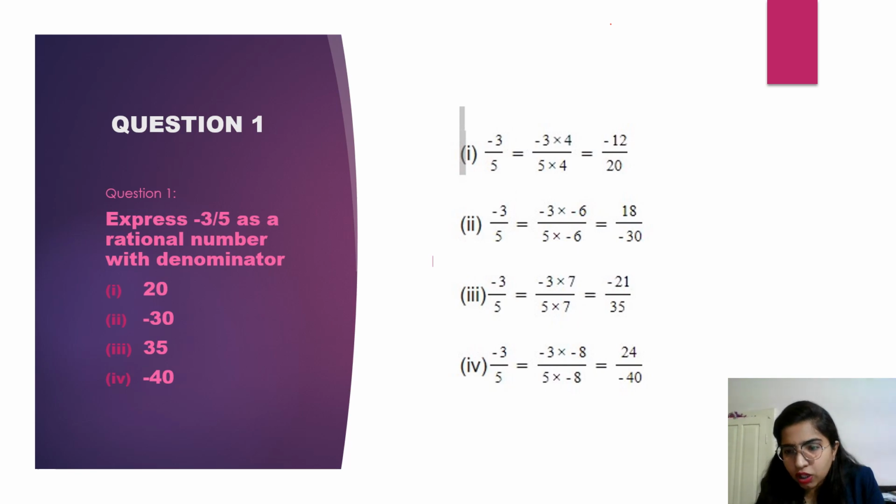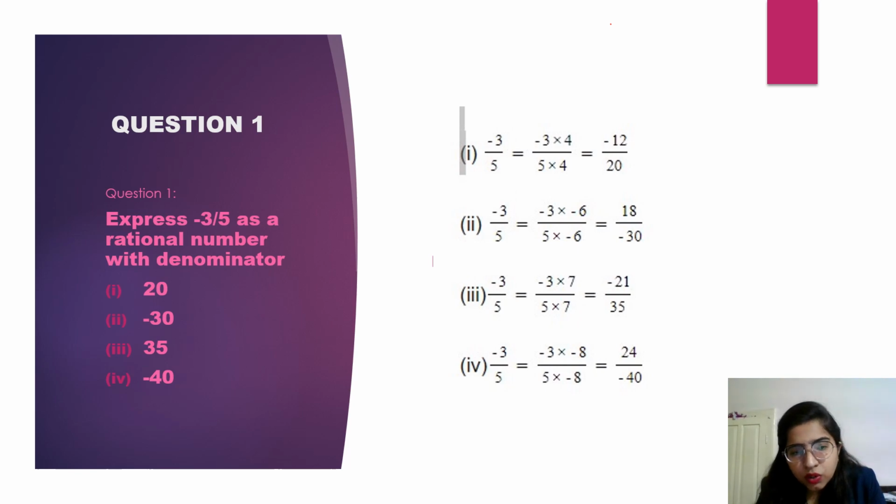You got the denominator as minus 30, but for this you have to multiply the numerator also. The numerator means minus 3, and minus 3 will also be multiplied by minus 6. Minus minus will be cancelled. 6 threes are 18. So 18 upon minus 30 is the answer. But if they ask you to convert this into standard form, you have to cancel on the same table and put the minus in the numerator.